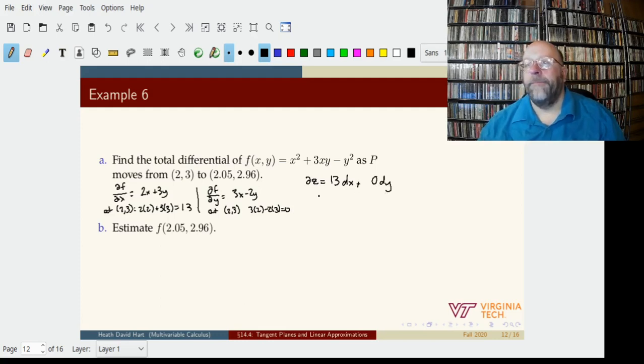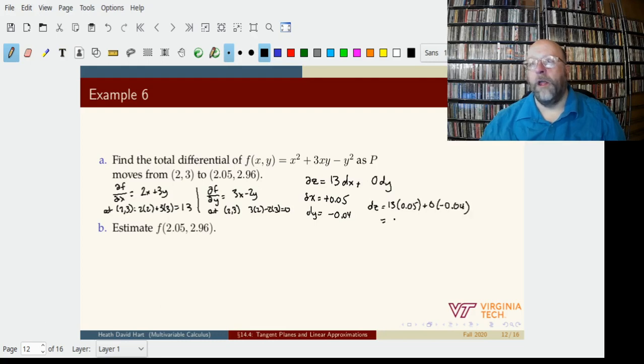In this case, the change in x is positive 0.05, and the change in y is negative 0.04. It won't make any difference because we're about to multiply it by 0. So the change in z is 13 times 0.05 plus 0 times negative 0.04, which is 0.65.